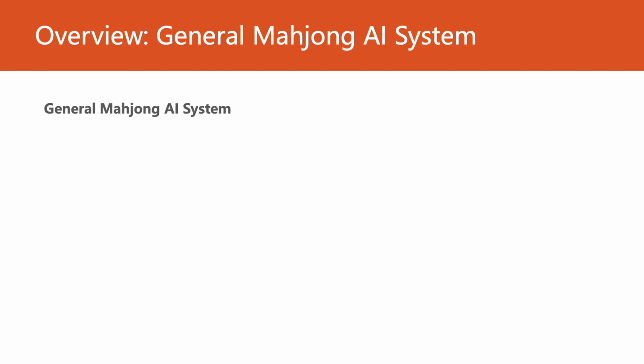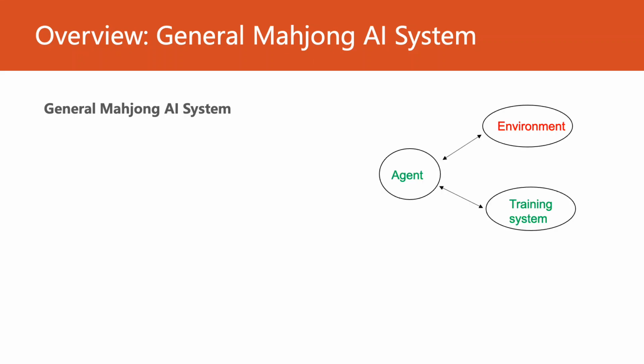Firstly, we are going to show why our system is a general Mahjong AI system. An AI system based on reinforcement learning basically consists of three parts: the environment, the training system, and an agent. Our system is general because we have generalized the algorithm for different Mahjong rules.